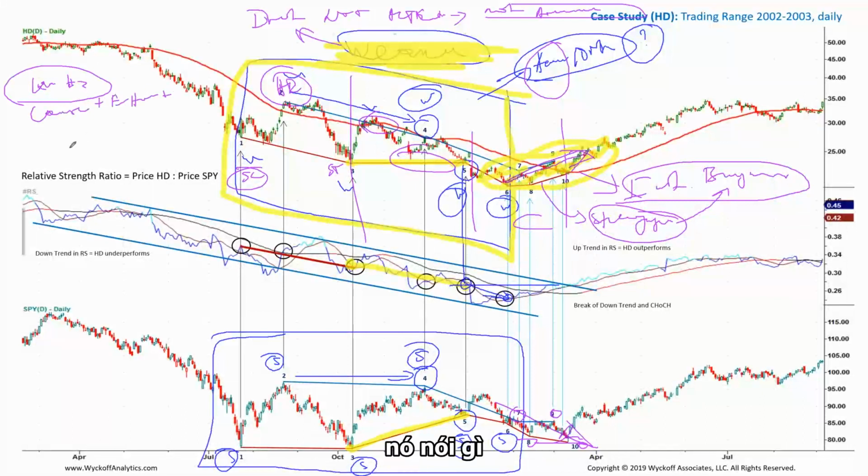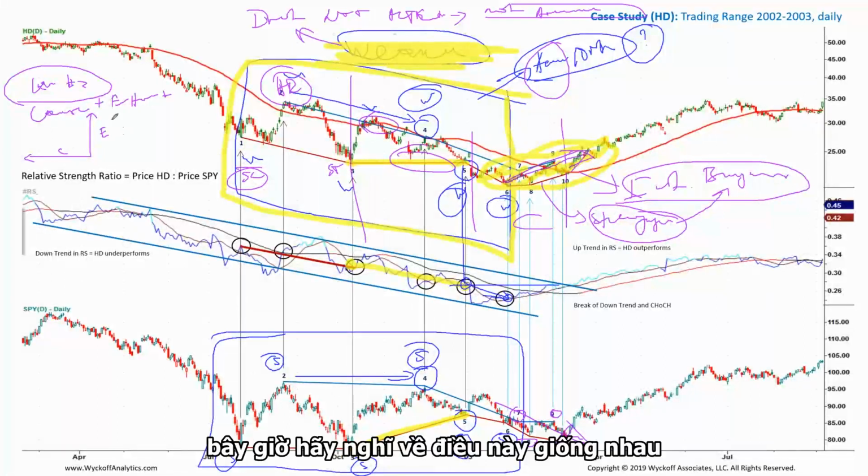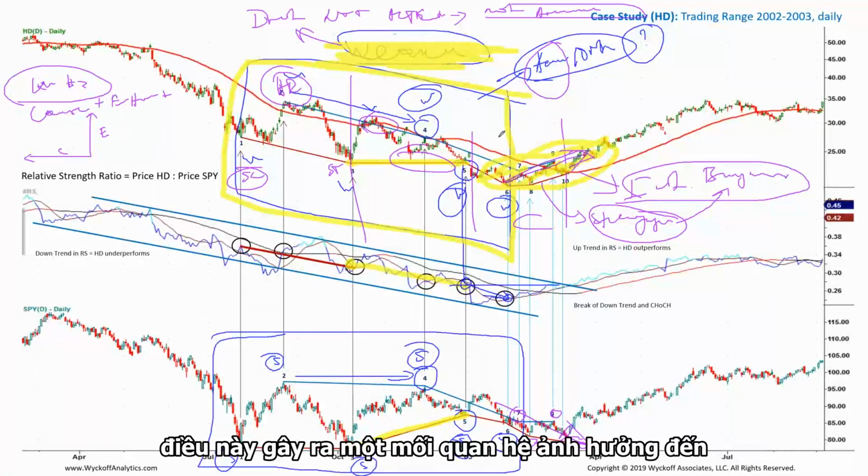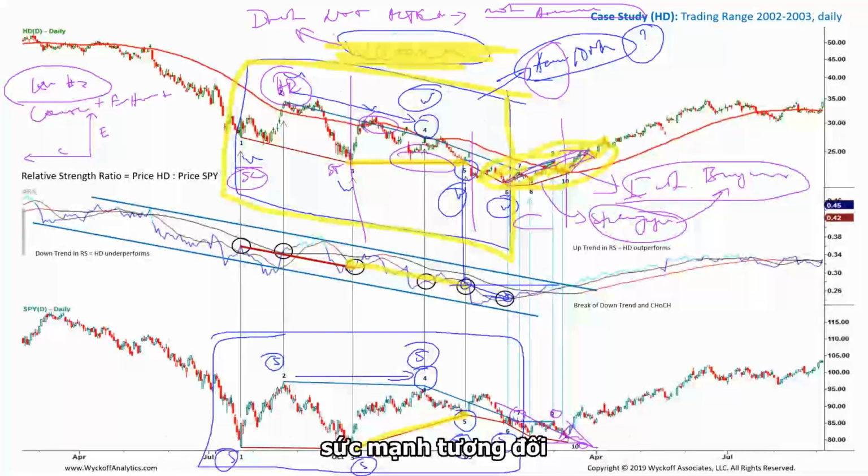What does it say? It says measure the cause and then define the effect by it. Now think about this same concept of cause and effect and how cause defines the effect, but at the same time think about this cause and effect relationship on the relative strength.